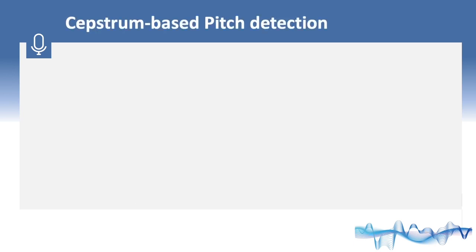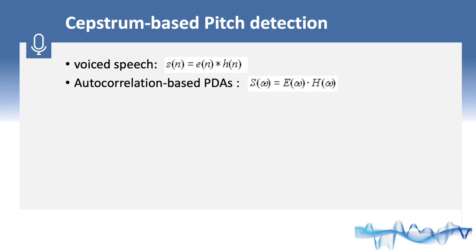Cepstral analysis also provides a way for pitch estimation. The cepstrum of voiced speech intervals has a strong peak corresponding to the pitch period. Cepstrum pitch detection algorithm has some advantages over autocorrelation-based pitch detection.